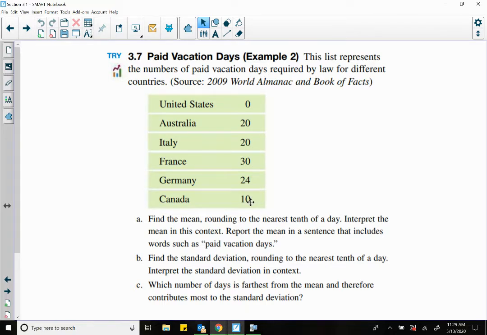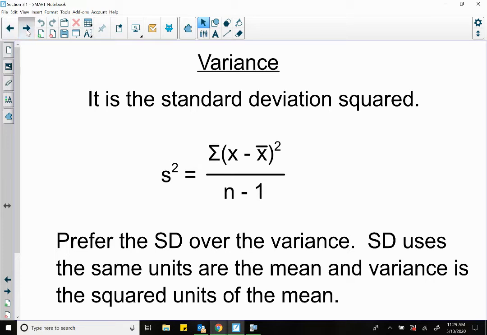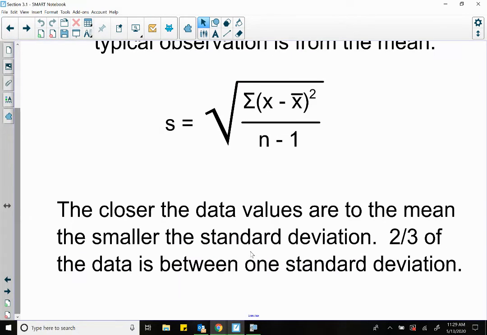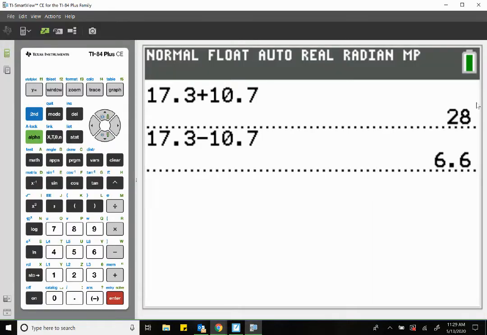That's 2/3. So 2/3 of my data up here was between one standard deviation. That's what this meant right here. Because this number right here represents one standard deviation above the mean because we added. This represents one standard deviation below the mean. Okay?